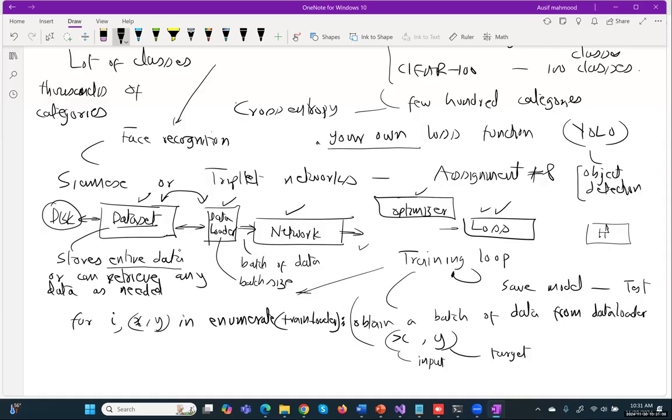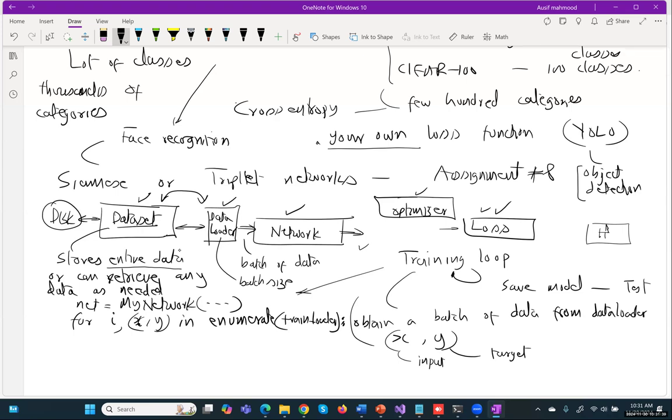So if the batch size is 4, it will bring 4 training data and correspondingly the 4 targets, right? So now what you will do is before this, you will create one object of network. So you will do net equal to, for example, MyNetwork. Okay. And if there were any initialization related parameters, you will pass those there. So the network is created, right?